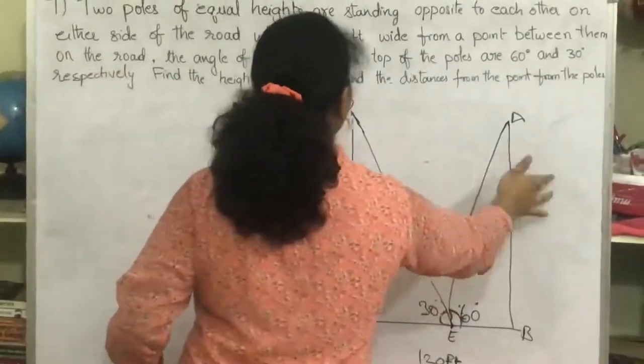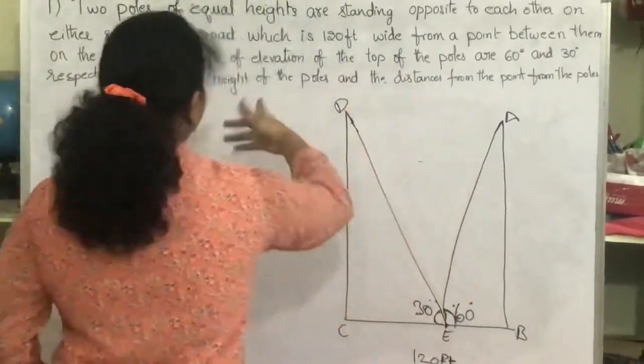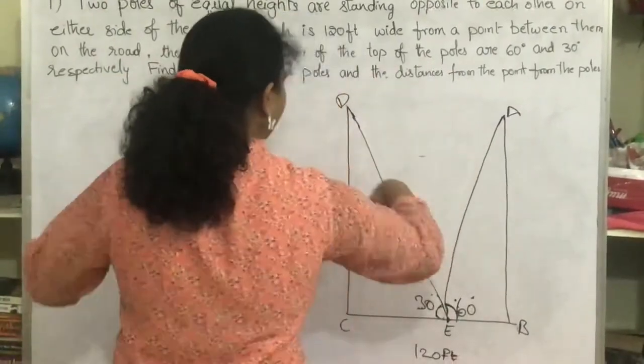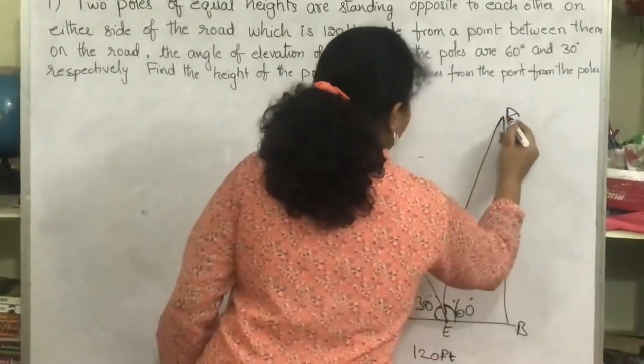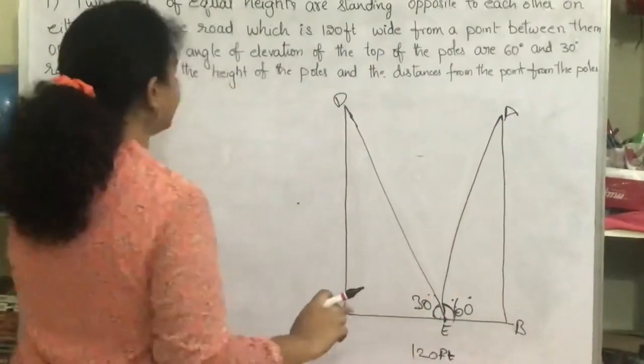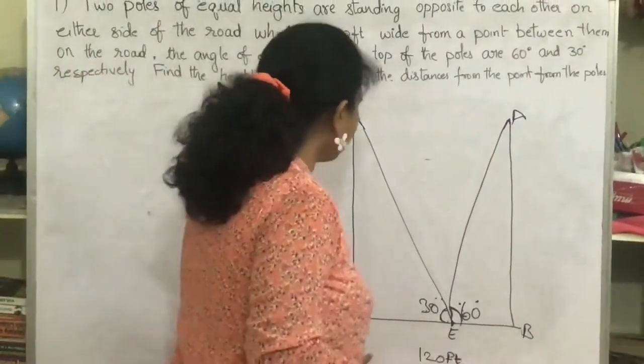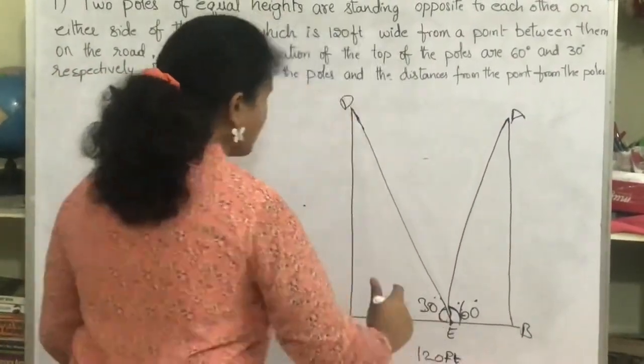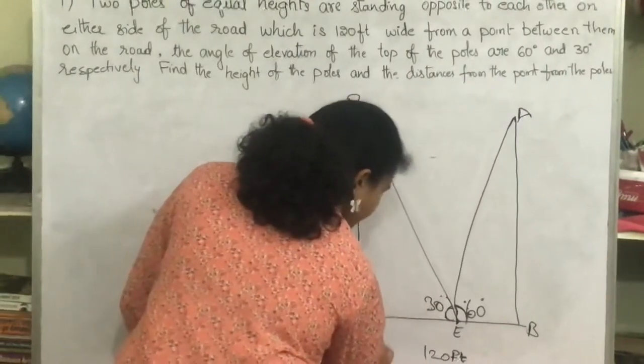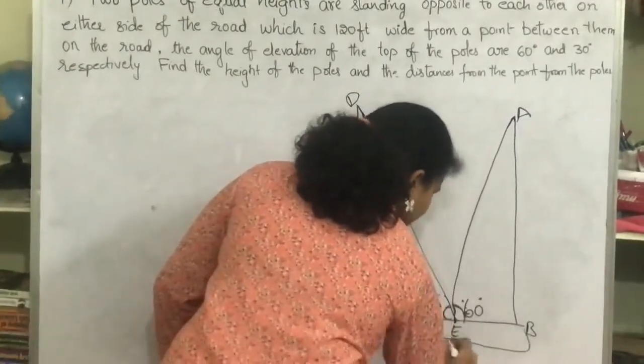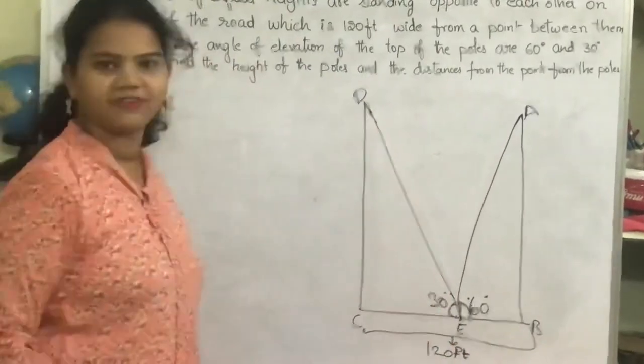We need to find the height of the poles, AB and DC, and next the distance from the poles. The total BC equals 120 feet.